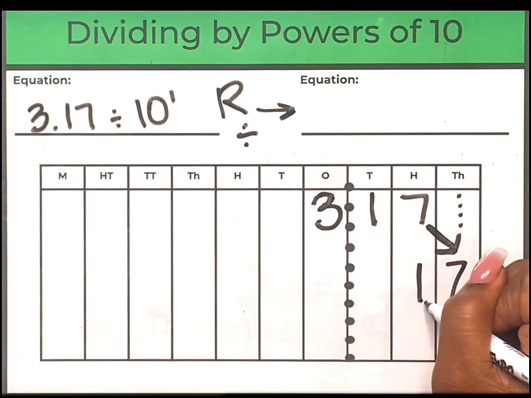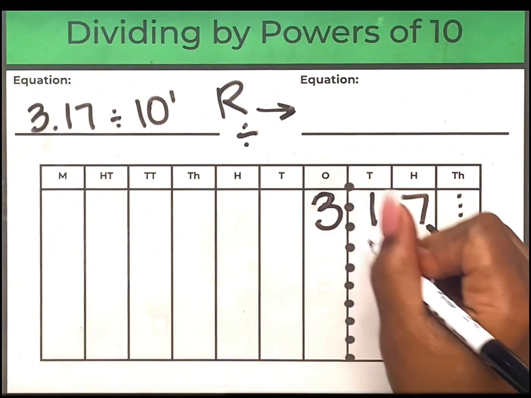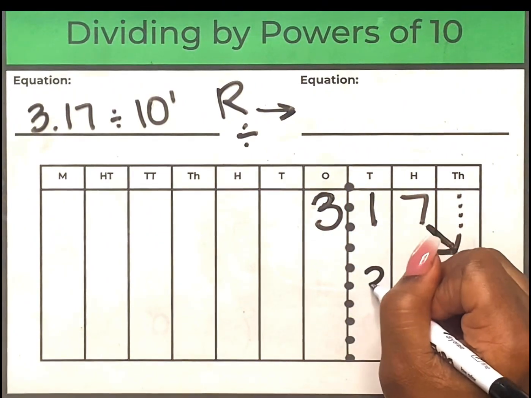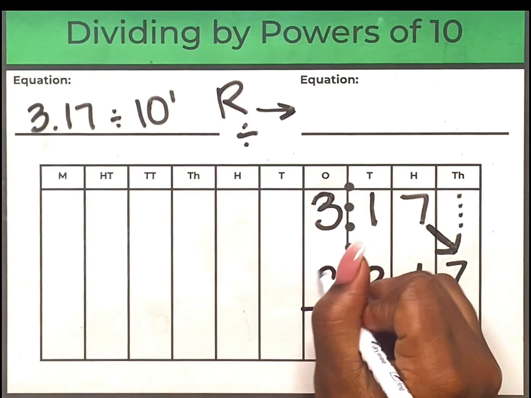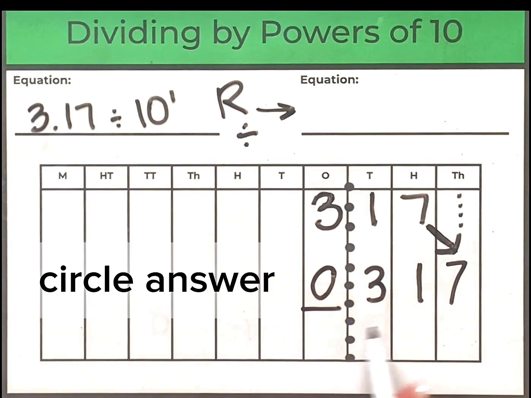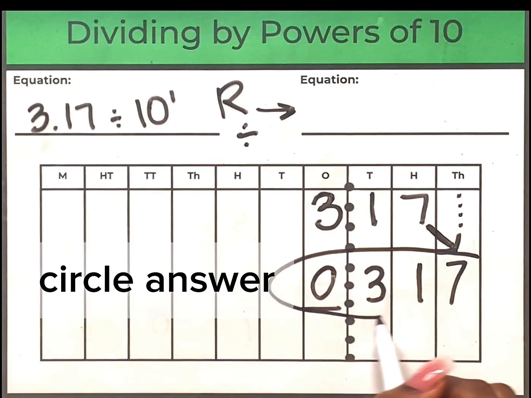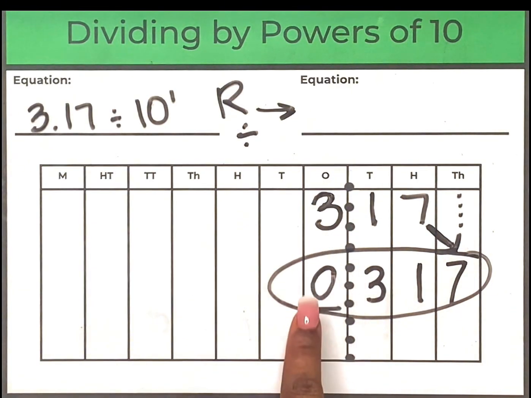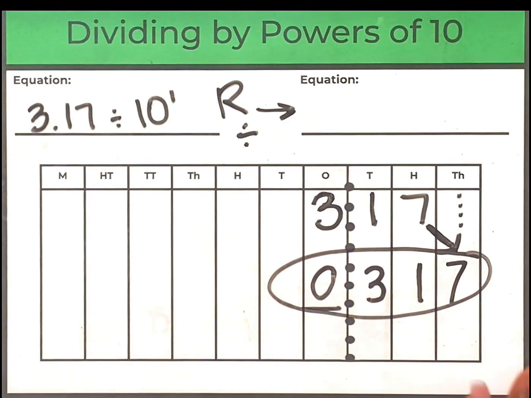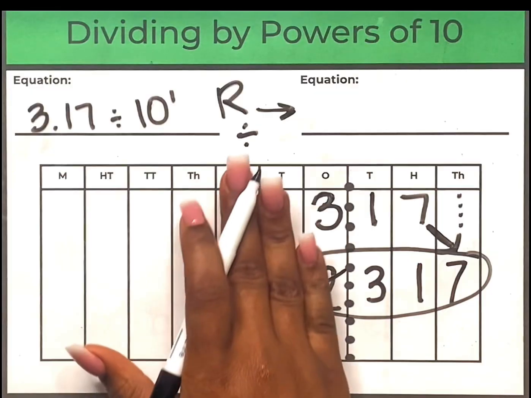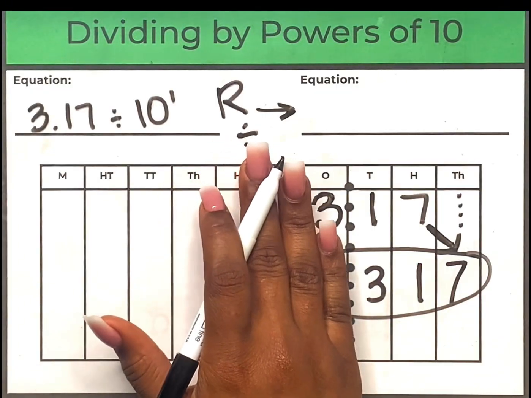Drop the 1 in front of that and drop the 3 in front of that 1. We're going to put a 0 here in our placeholder so that we can easily read our decimal number. Because it's a 0, we don't have to say this when we're reading the number correctly. So let's act like it's not there and let's try it.